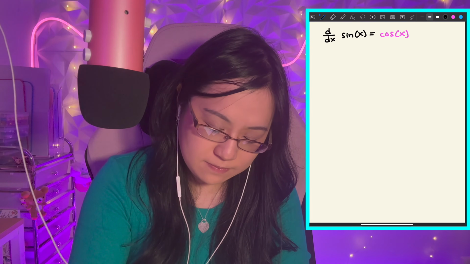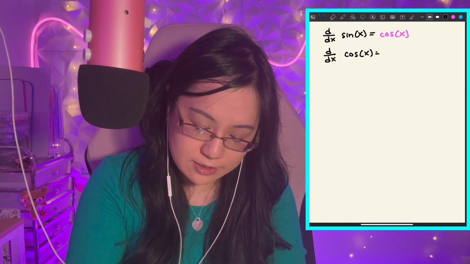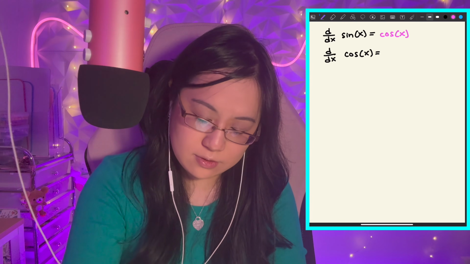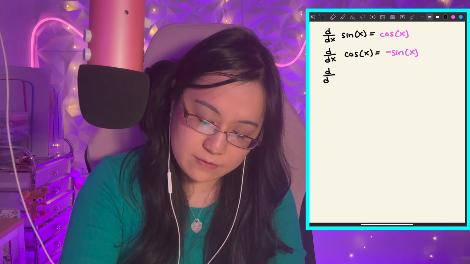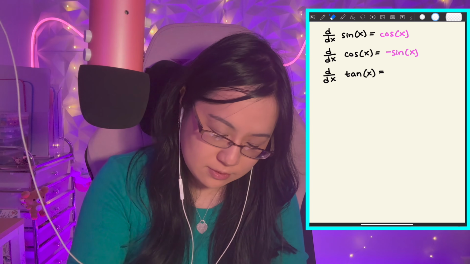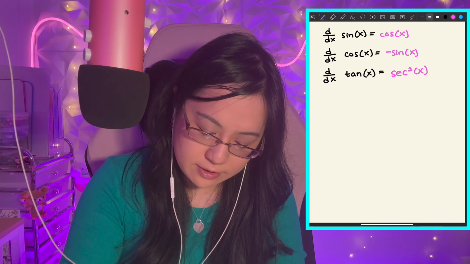So, the derivative of sine is cosine. The derivative of cosine is negative sine. The derivative of tangent is secant squared.